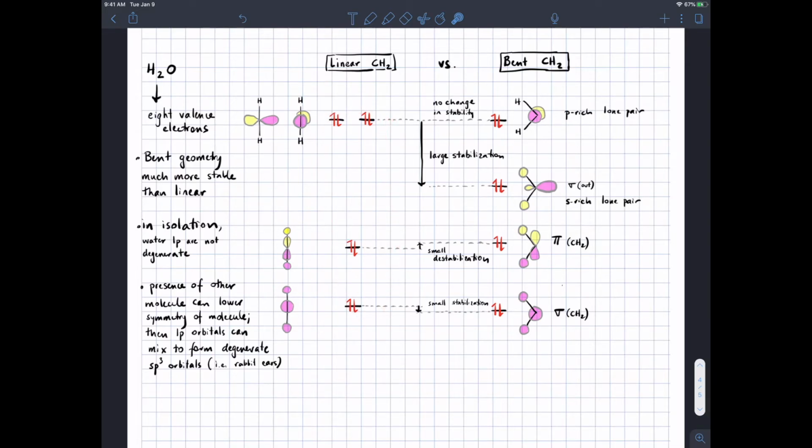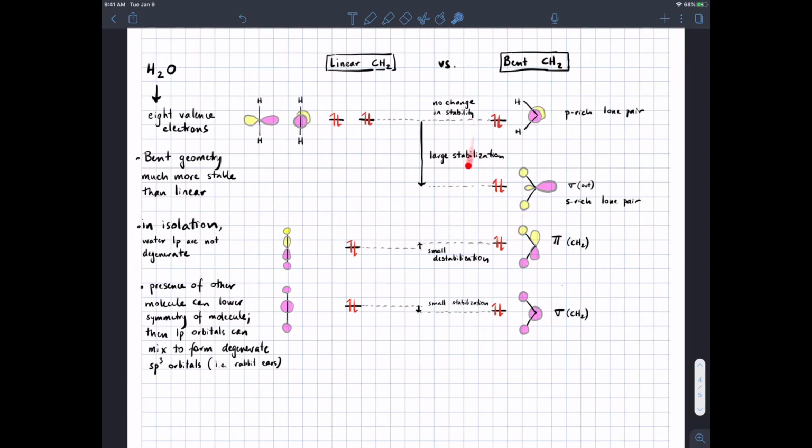In contrast, if you generate a bent CH2, you have small stabilization here for the same reason due to hydrogen-hydrogen overlap. Small destabilization in the pi CH2 because of poorer overlap between the lobe on the p and the 1s.